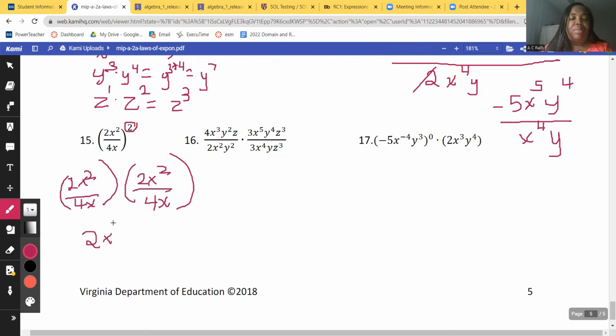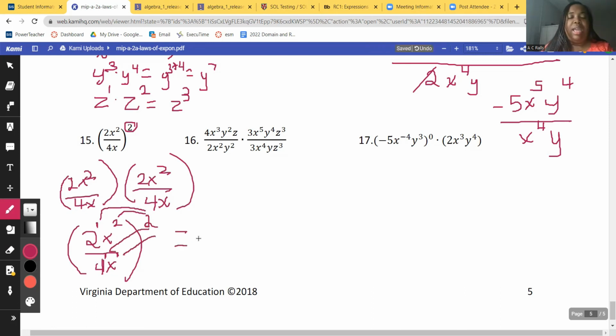Everything inside of those parentheses has an exponent. The exponent of the 2 is 1. The exponent of the 4 is 1. The exponent of that x is 1. And then outside of that parentheses, you had a 2. That means you're going to distribute that 2 to every single exponent.